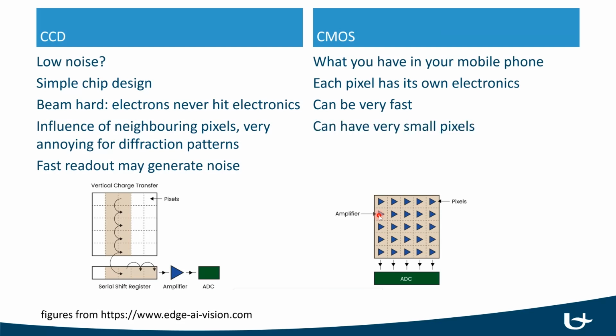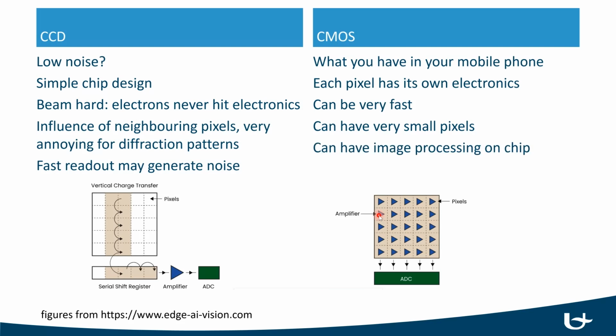Because of CMOS integration and the enormous level of miniaturization that is common in CMOS technology, it can have very small pixels. So in your mobile phones, the pixels are about a micron by a micron, and you can have several thousand by several thousand pixels. That gives you a very nice small camera, which can still have an amazing number of pixels.